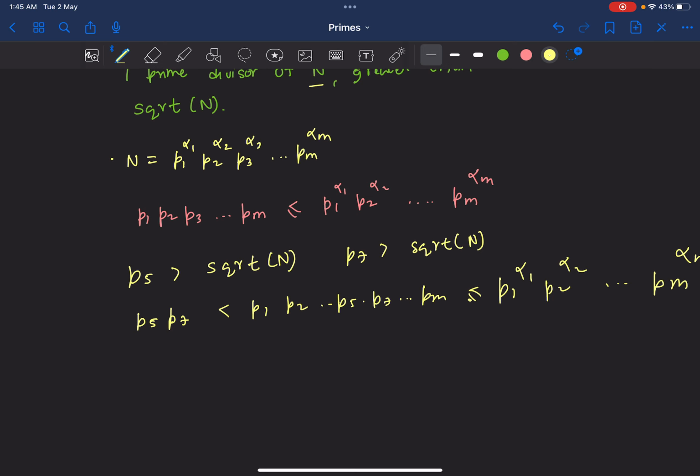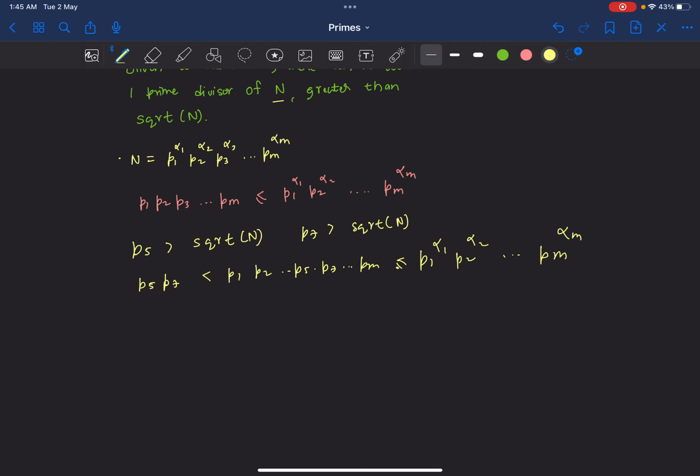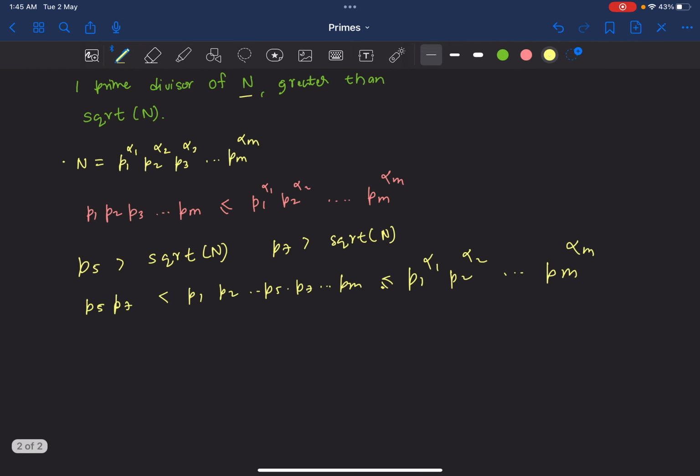We can say this, right? So now we claim that both p5 is greater than or equal to square root of n, and p7 is also greater than or equal to square root of n.